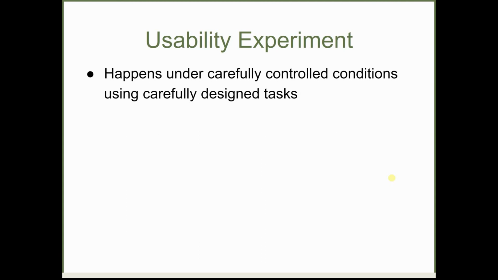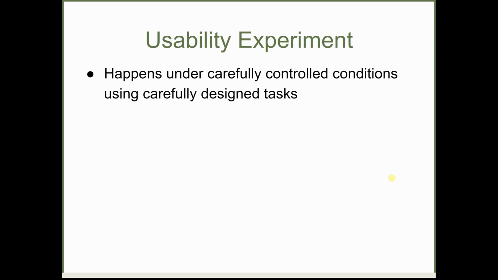They will say that under these conditions, under 57 degrees Fahrenheit, the user was able to perform this task. Sometimes they'll go as far as controlling the characteristics of the users as well. For example, all participants are 15-year-old kids, so that all the participants are as similar to each other as possible.